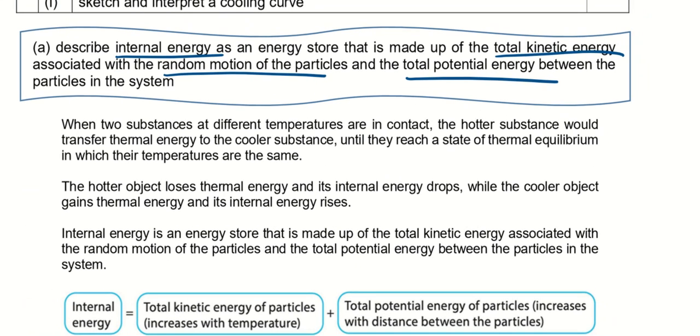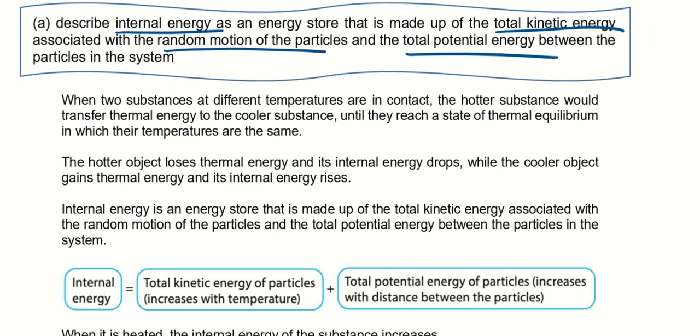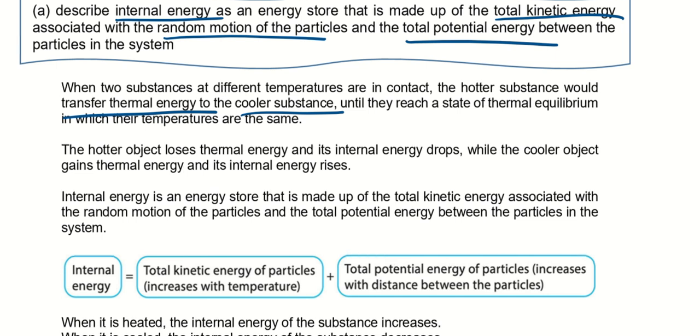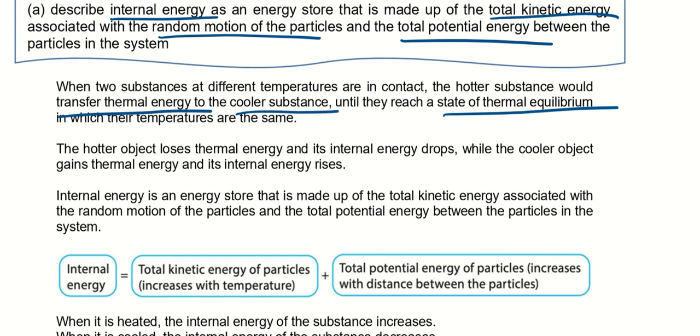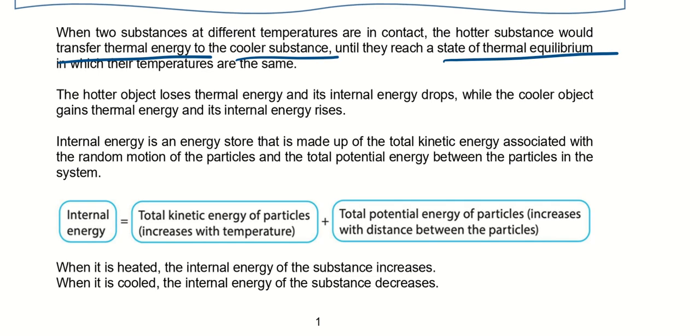Now, when two substances at different temperatures are in contact, the hotter substance will transfer thermal energy to the cooler substance. So it's always thermal energy from hot to cold, never cold to hot. That means I cannot pass cold energy to you. There's no such thing. It's always just thermal energy being transferred, until they reach a state of thermal equilibrium. What is thermal equilibrium?